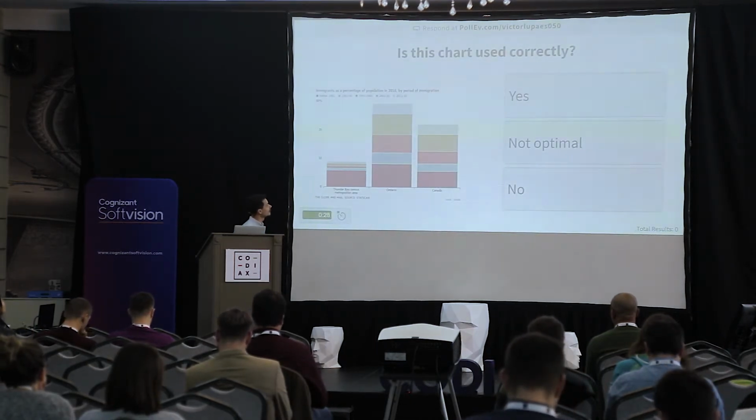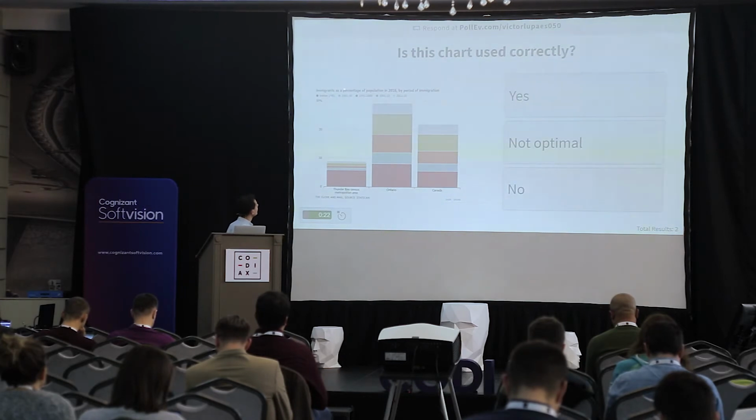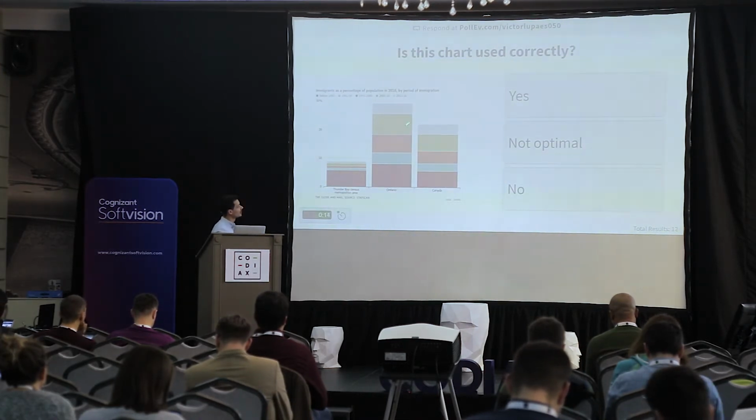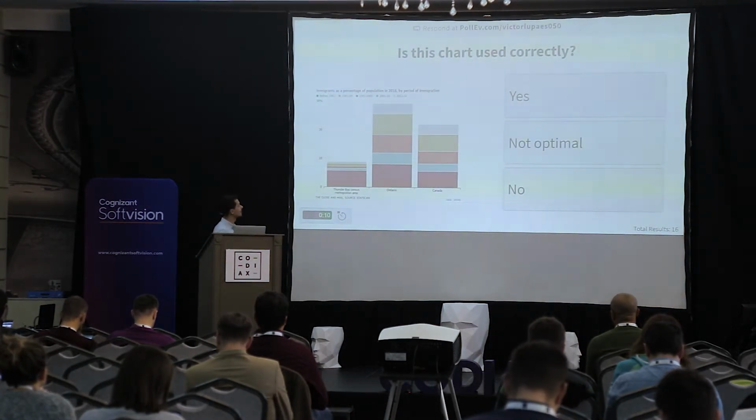Let's look at the first chart. Is it used correctly? The title here says, Immigrants as percentage of population in 2016 by period of immigration. The colors here represent the year the persons who immigrated came into the US.